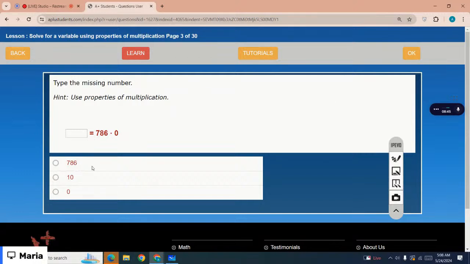Whatever the number is, when you are multiplying it with 0, the answer is always 0, right?